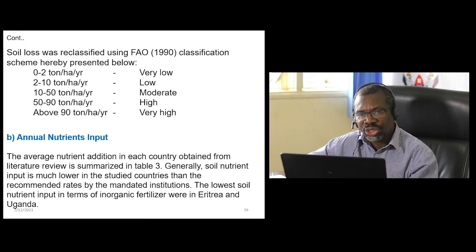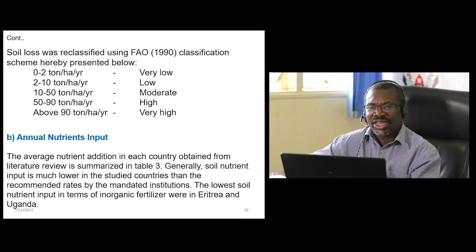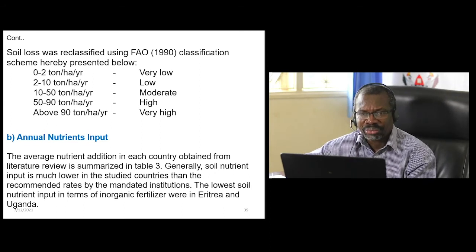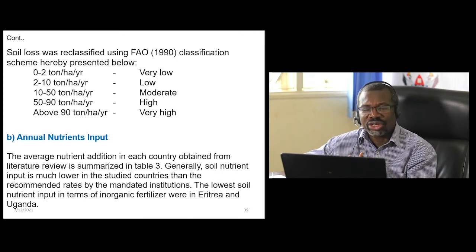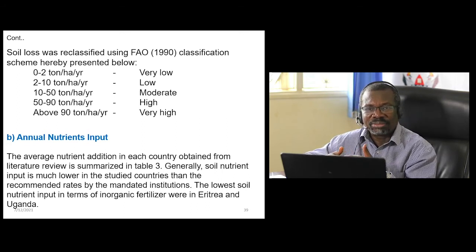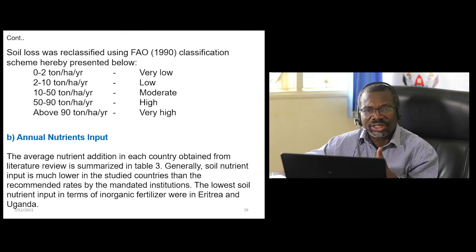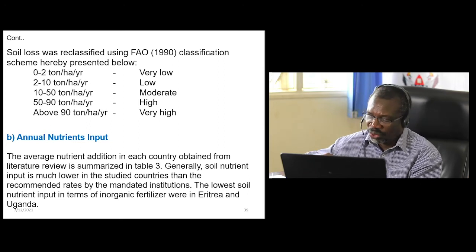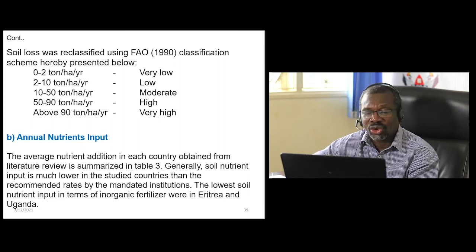One of the other things also considered here is the annual nutrient input, because this is very important in defining the acquired fertility. So it was necessary that we see what is going on in terms of nutrient input, to see if these additional nutrients could affect the actual observed productivity.